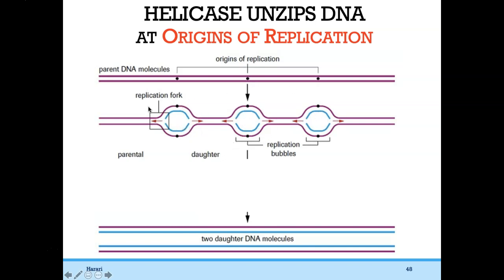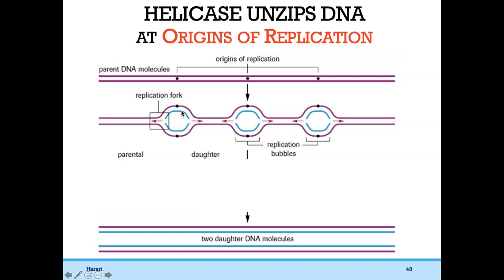Ignore the blue for now. And at each end of the bubble, we have a replication fork. Right? This is where the two strands separate from each other. So we have replication forks at each end of the replication bubble. And what we're going to see is that DNA, the new DNA in blue, gets made as the parental DNA separates.